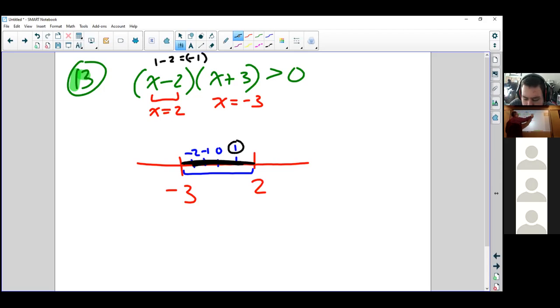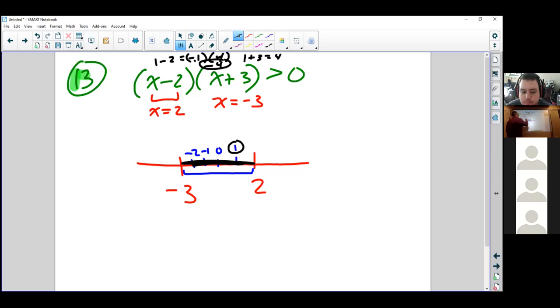And I'm going to multiply that times 1 plus 3, which is equal to 4. So negative 1 times 4 is negative 4. Is negative 4 greater than 0 or less than 0? What do you think? Is negative 4 greater than 0 or less than 0? Less than 0.